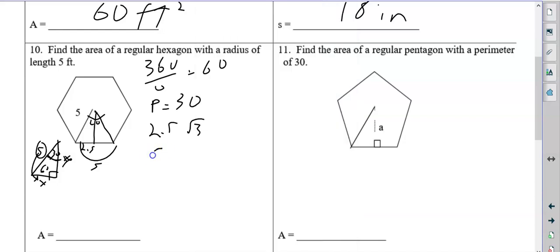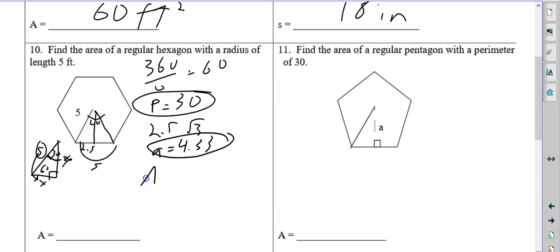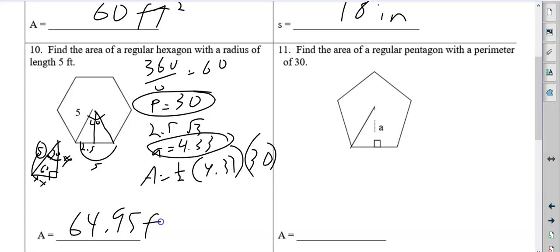So the apothem is 4.33. Well, we have the perimeter, we have the apothem. Area is 1/2 4.33 times 30, which gives us 64.95 feet squared.